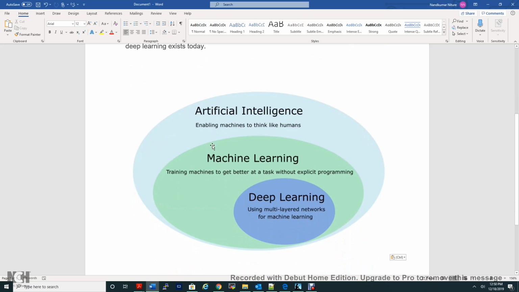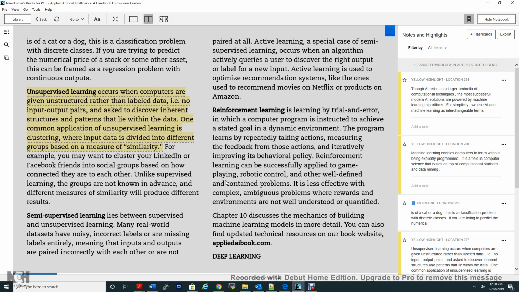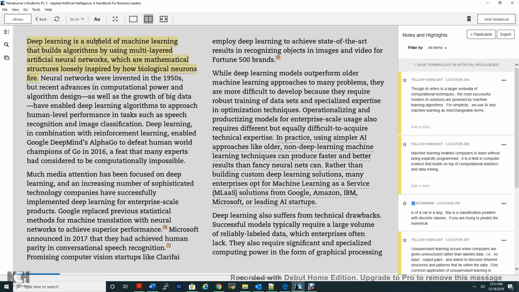Machine learning is the major subdomain of AI, followed by deep learning. Deep learning is the subfield of machine learning that builds algorithms by using multi-layered artificial neural networks, which are mathematical structures loosely inspired by how biological neurons fire.